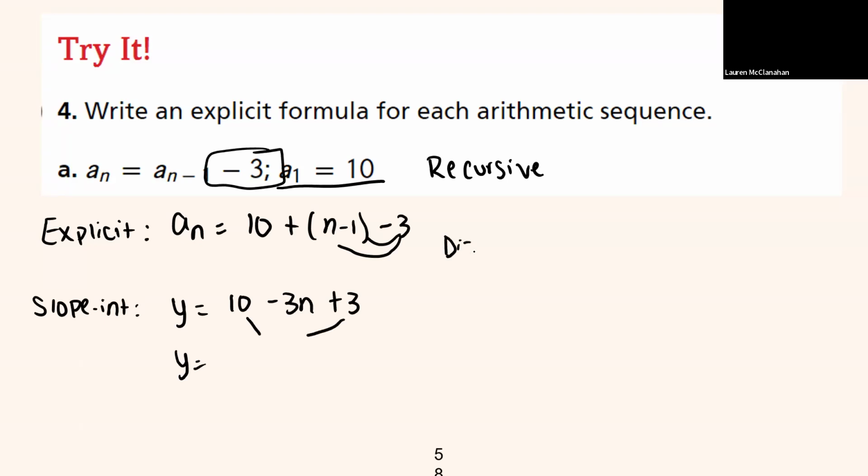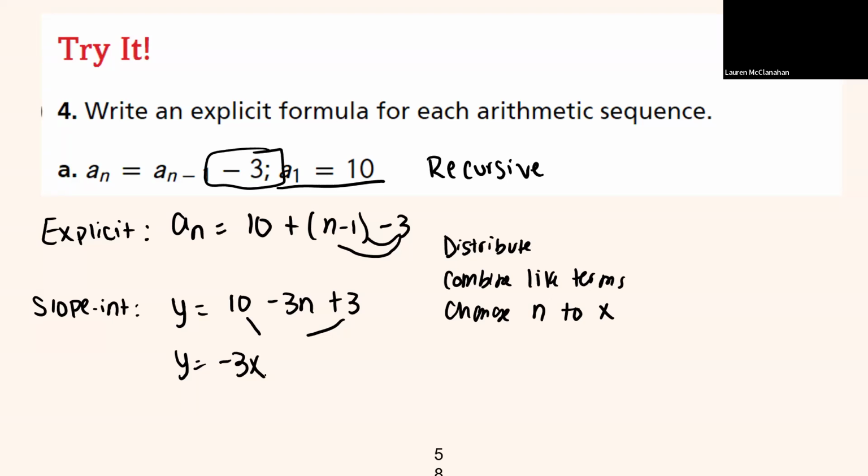So again, to get from explicit to slope, distribute, combine like terms, and change into x. Okay, so y equals negative 3x. Again, make sure you're right by checking common difference and slope are always the same. And then 10 minus 3 is positive 7.